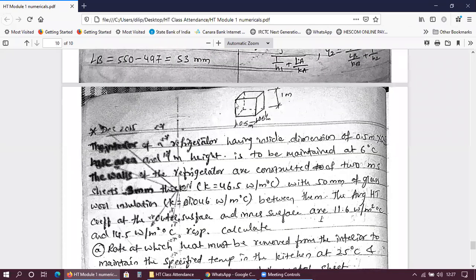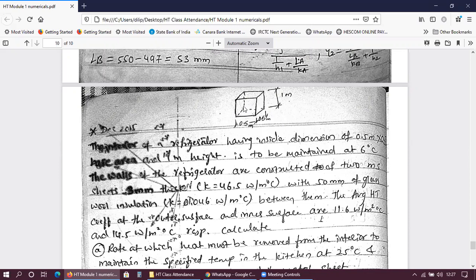As you can see here, this is the box, and we consider it as a refrigerator. The base area plus top area will be 0.5 into 0.5 into 2 times, because one stands for base and one stands for top. Along with that, there are 4 sides, and the area of each side is 0.5 into 1, 4 times.